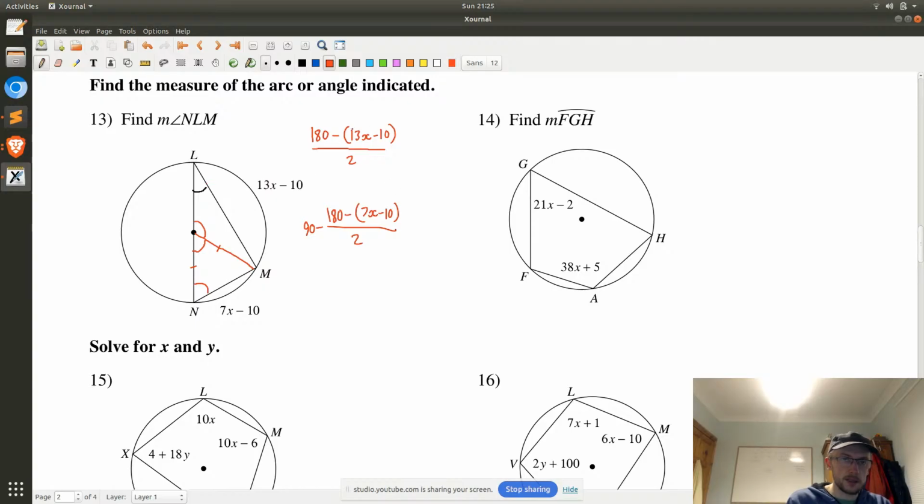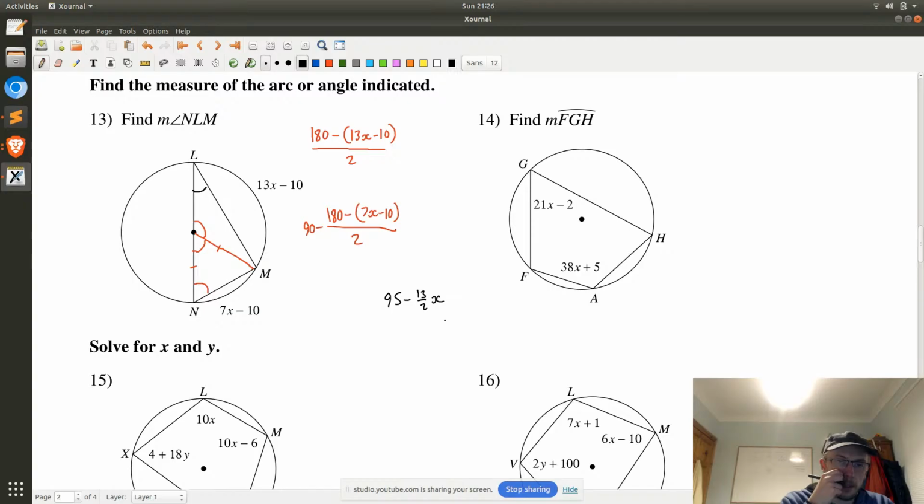So these expressions are obviously hideous. So somehow find a way to clean them up. So 180 plus 10, so that's 190 divided by 2, that's 95. So 95, take 13 over 2x. Okay.